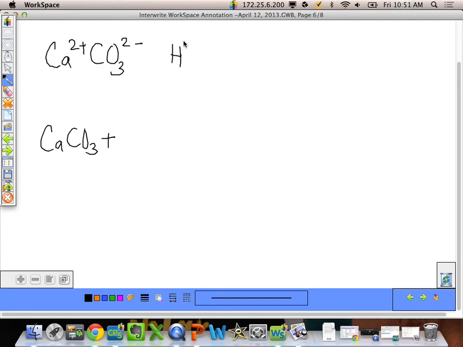So hydrogen, which is 1 plus, with the nitrate ion, NO3. What's the charge of nitrate? Not 2. 1, yeah. 1 negative. So calcium carbonate and nitric acid, HNO3.